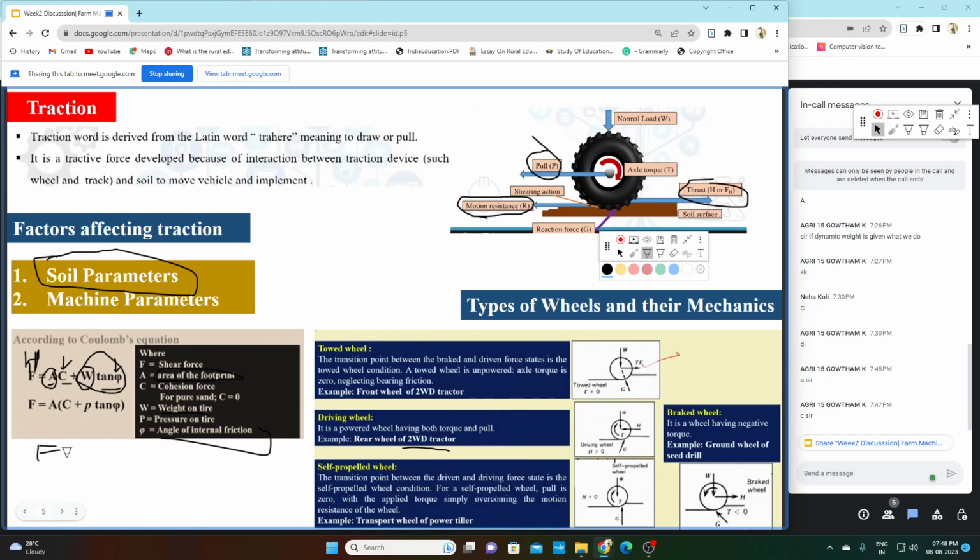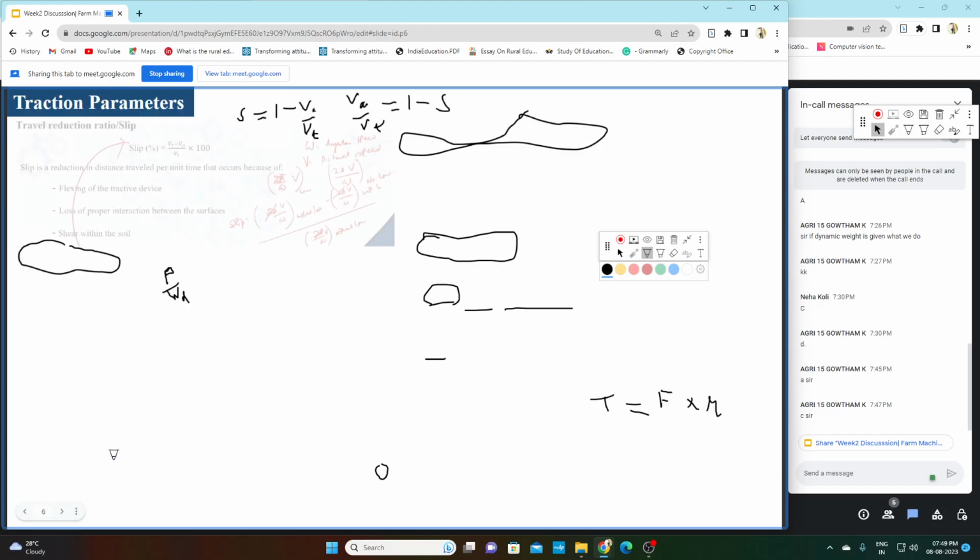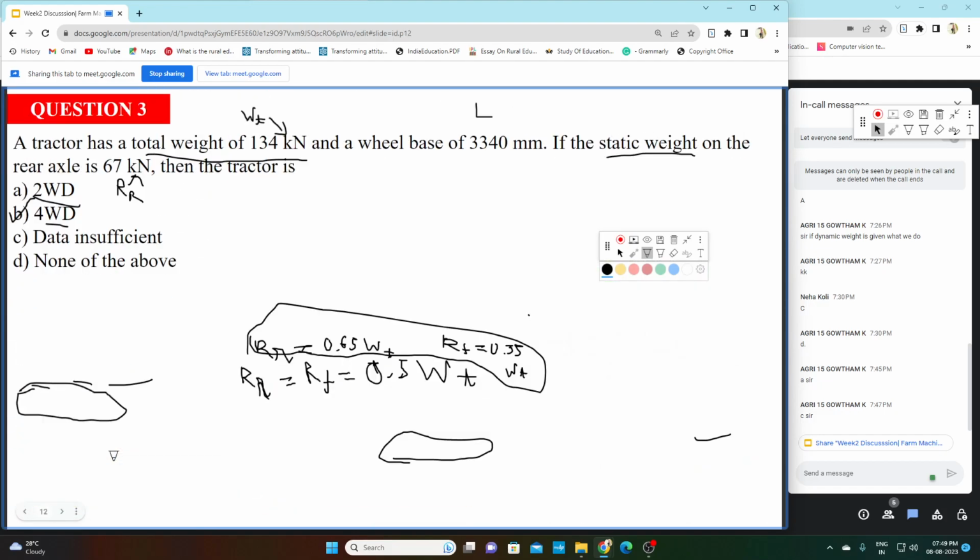F equals AC. Now in AC, C is the soil parameter that you cannot change. So to increase the traction we have to play with A, the contact area of the tire. Let me move to the answer.